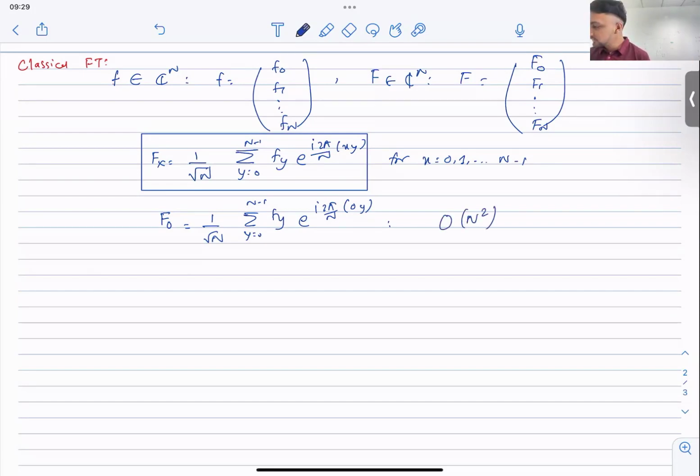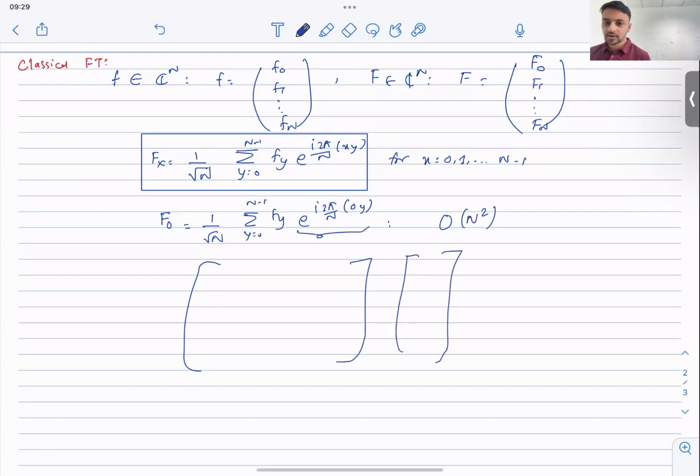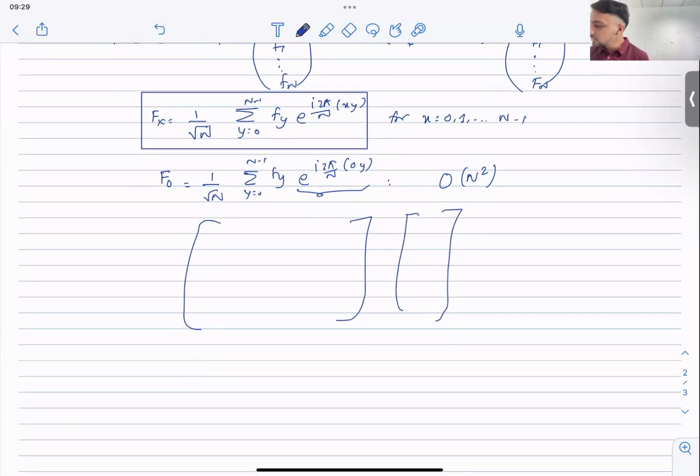The reason for this is that if you write down the matrix, you can essentially represent this as a matrix-vector multiplication. So you'll need n times n plus n operations. This n corresponds to the number of rows of your matrix, this n corresponds to the number of multiplications you need to do, and this n corresponds to the number of additions you need to do.